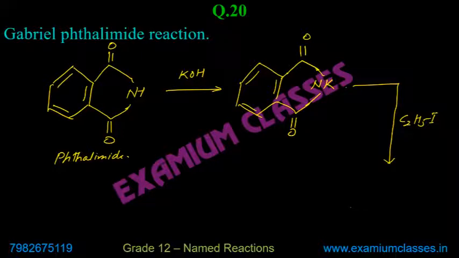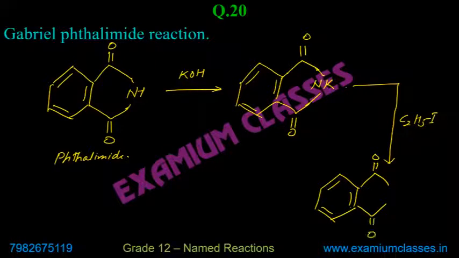So here this compound will decide which amine is to be produced. Now this alkyl group will replace this potassium. The reaction is very easy. You just need to remember the steps. NC2H5.